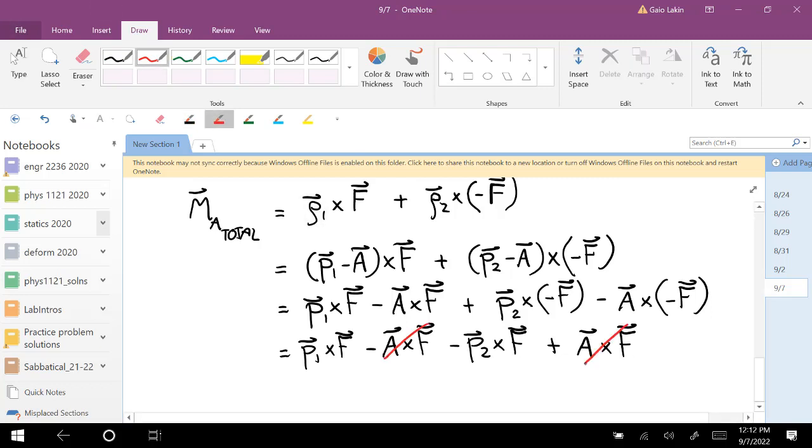This cancels with this. Okay? And our expression for the moment no longer has anything to do with that about point. It doesn't matter what the coordinates of that about point are, the answer is the same.